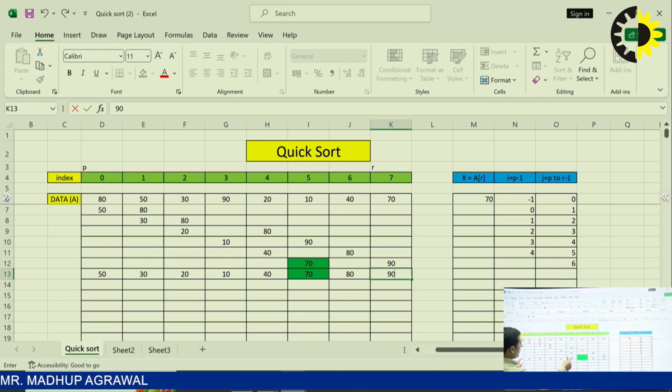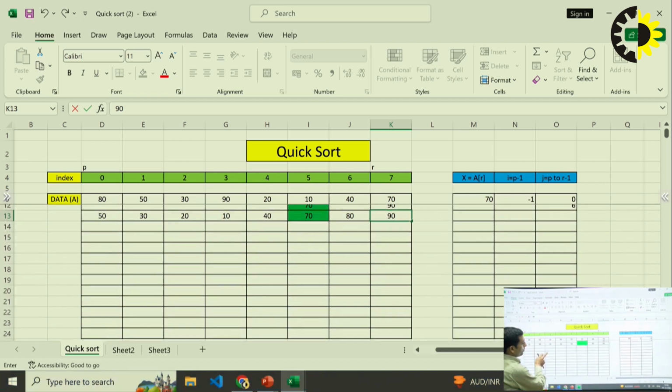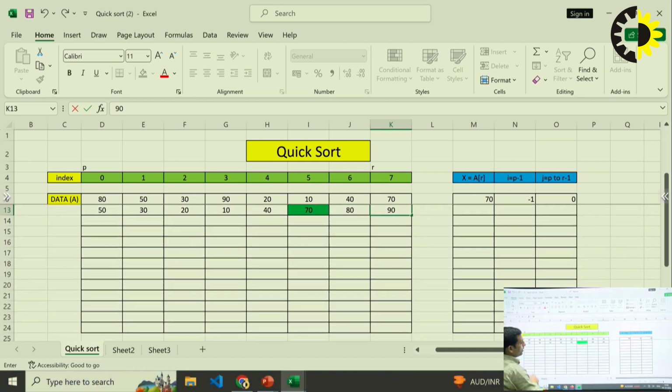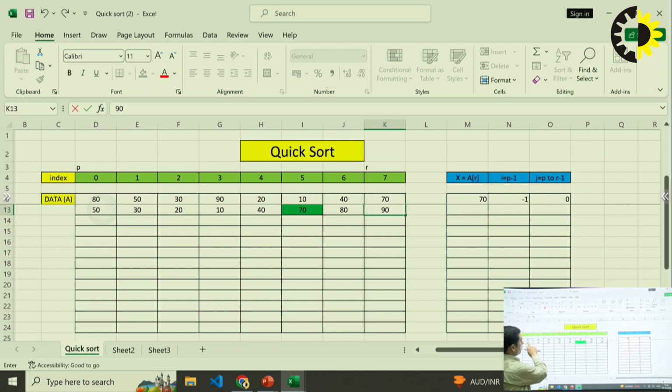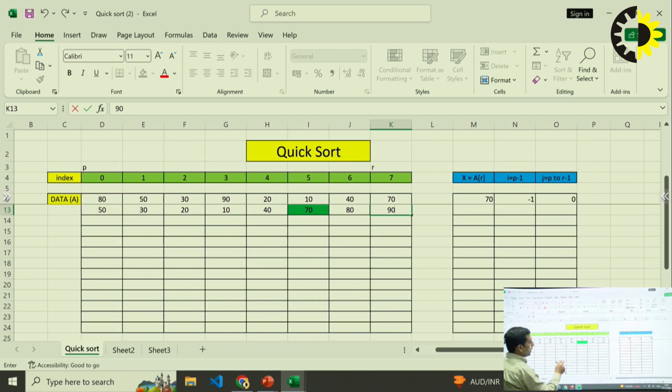Now repeat the process for the first and second half. Now see here, repeat the process for the first half, from here to here, from 50 to 40. For this, P is 0, and R is 4, the last element at the 4th index.